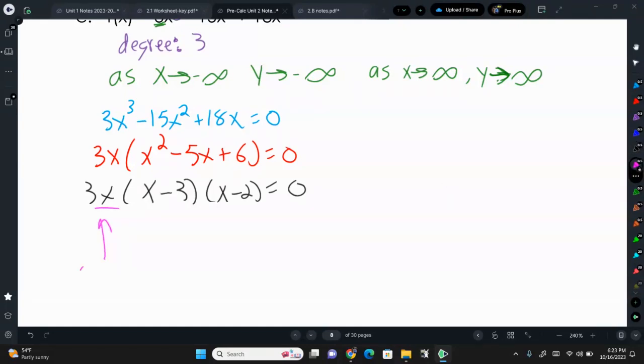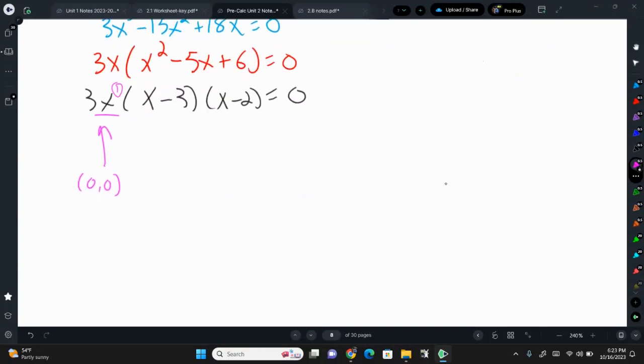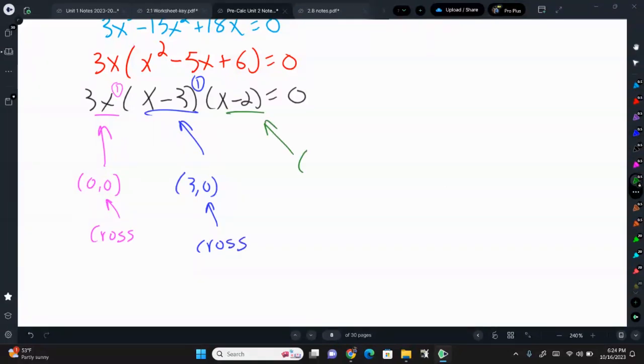So then we have 0, 0. And the multiplicity is an invisible 1, so we're going to cross. Here we have positive 3 comma 0 with, again, another invisible 1 multiplicity, so we're going to cross. And then here is going to be 2 comma 0 with another cross because we have an invisible 1 for multiplicity.